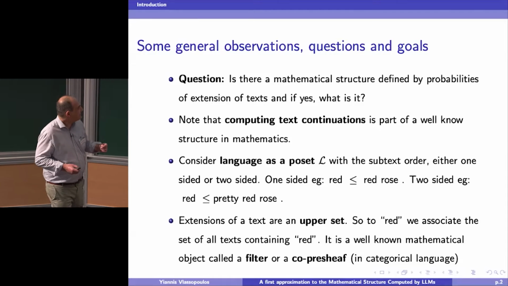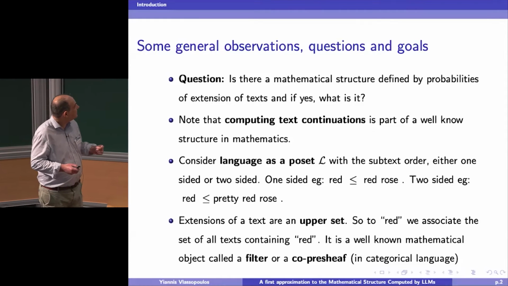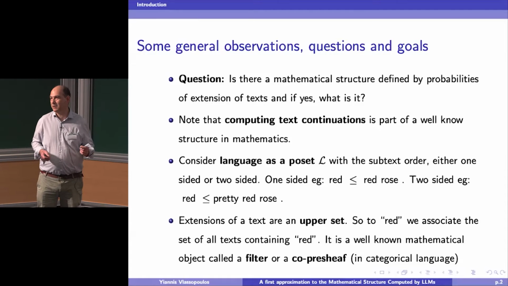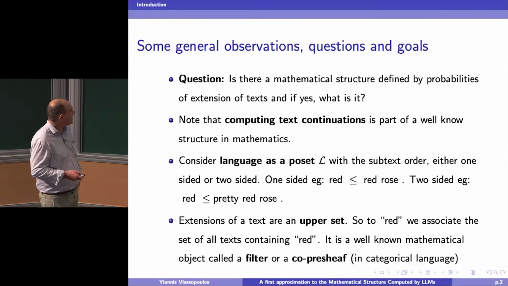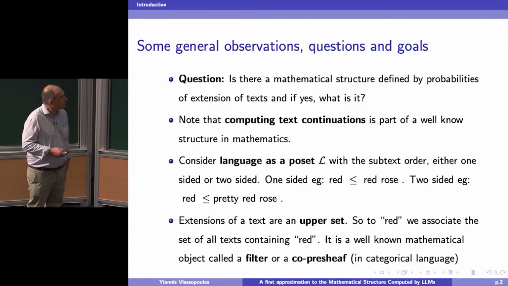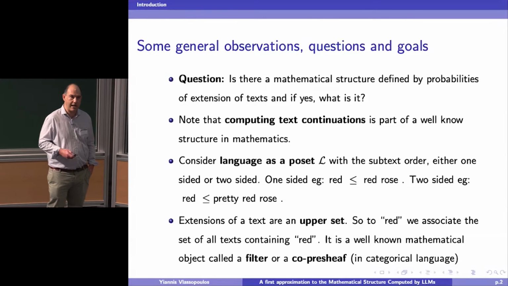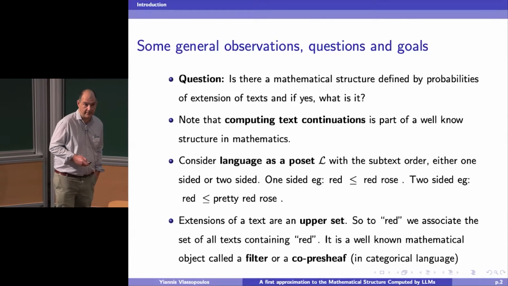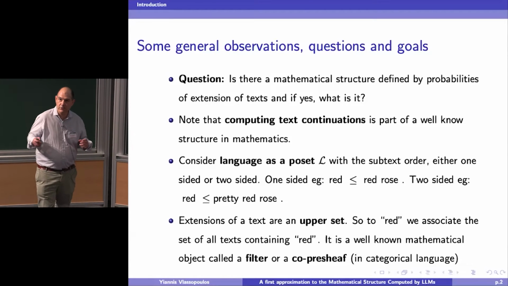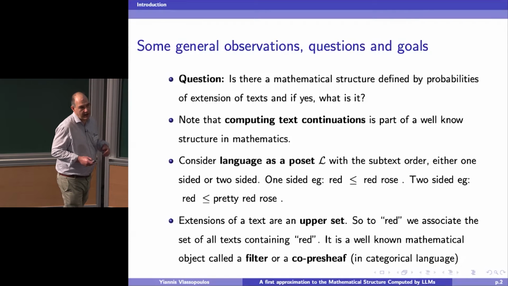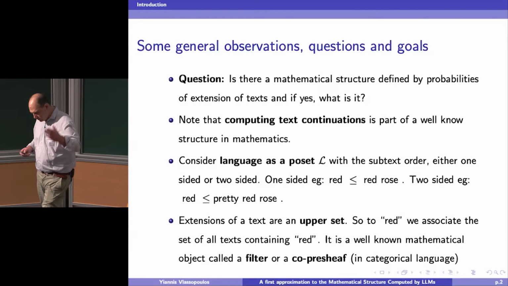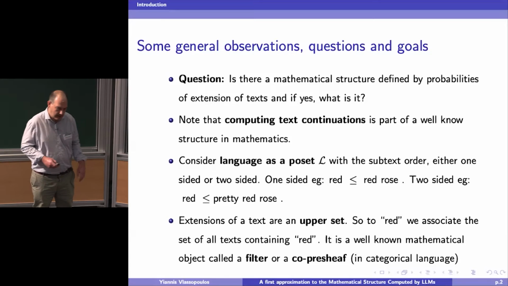And it strikes me that this is a very nice mathematical object, which we use all the time in mathematics. It appears everywhere. You can see it immediately if you consider language as a poset, a partially ordered set. So you can say that red is less than or equal to red rose because red is a subtext of red rose, and in this case you can consider all possible extensions, maybe on the right and on the left.